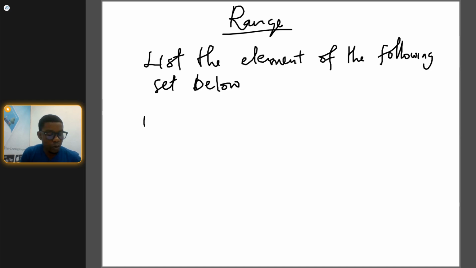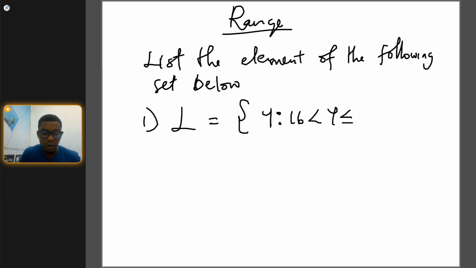So the first one was given as L equals the set of y such that 16 is less than y, less than or equal to 19. Close the curly brackets. So this is what we call range.